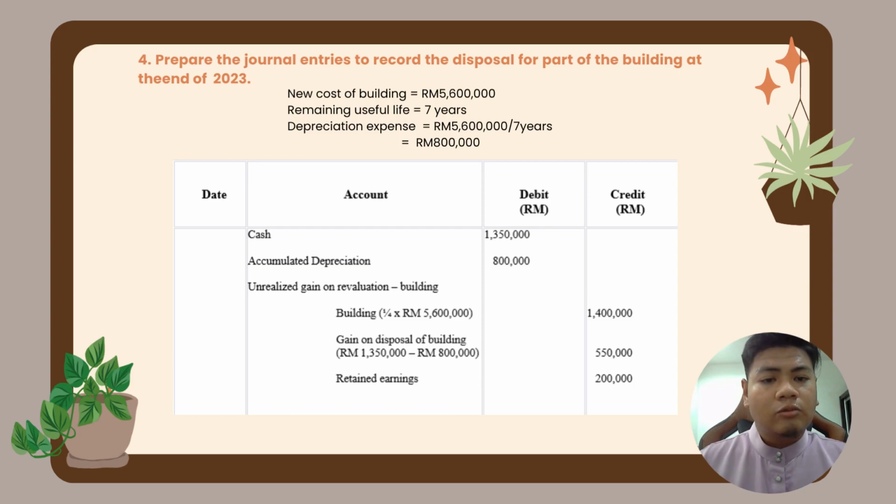So cash 1,350,000 debit, and accumulated depreciation debit, and unrealized gain on revaluation of building, and we get credit for building 1.4 million, and gain on disposal we take before this 550,000, and retained earnings 200,000. So the total debit and credit is balanced.